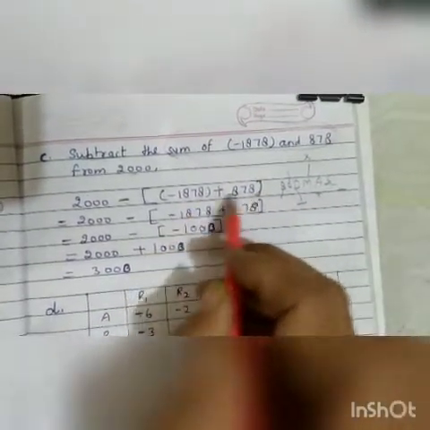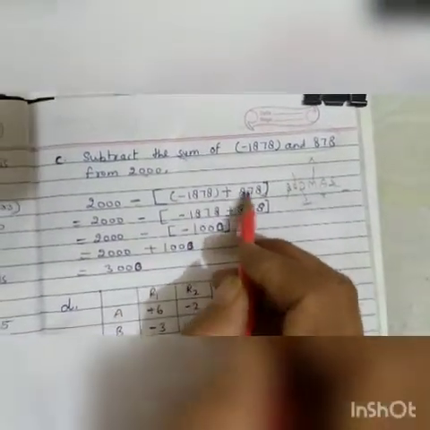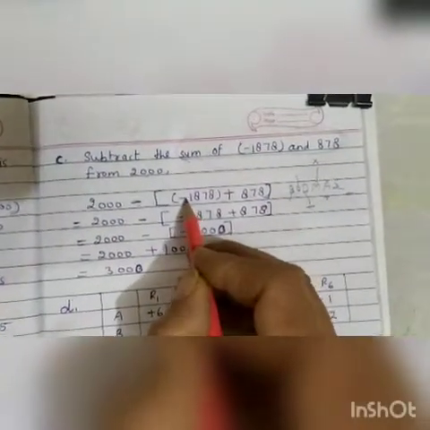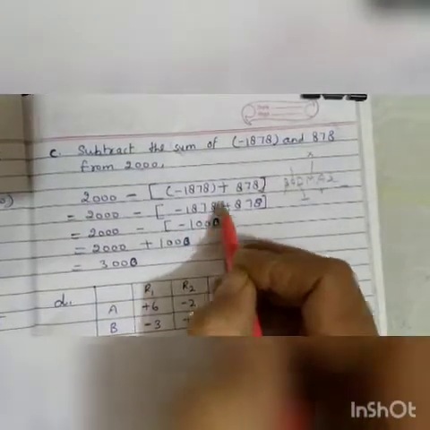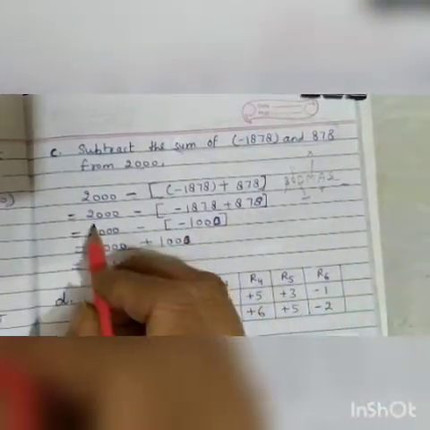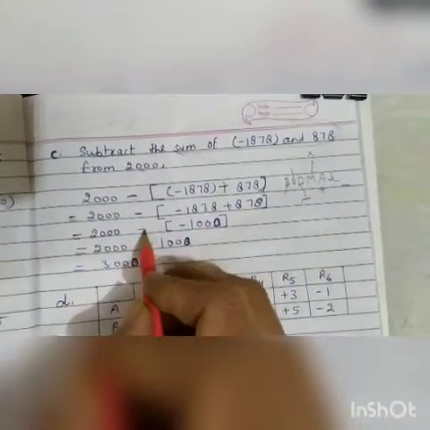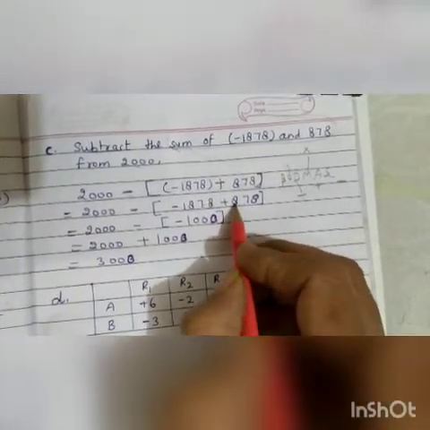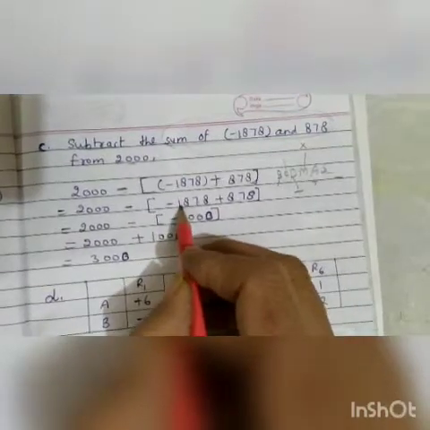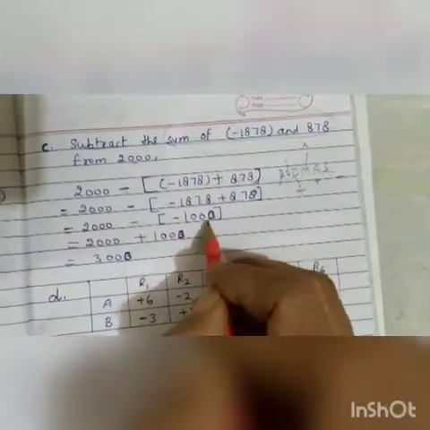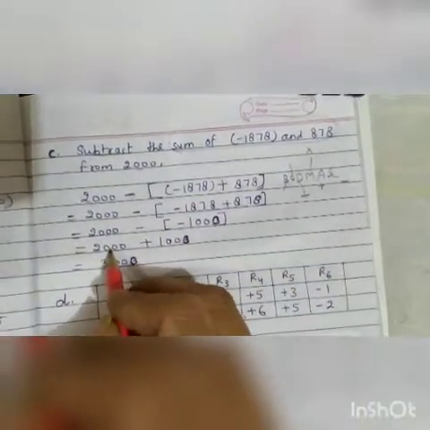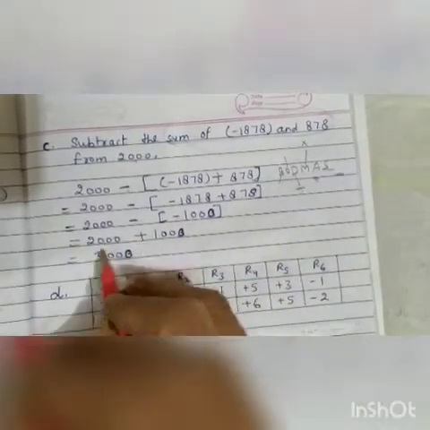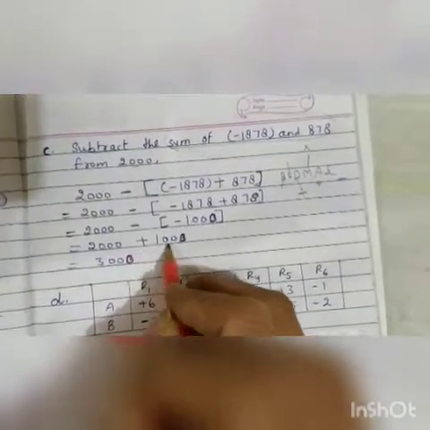So according to BODMAS, first we will simplify this bracket. 2000 will be written as it is, minus, then this minus 1878 plus 878. Again 2000 minus, if we solve these two integers, then we will subtract this 878 from this minus 1878. We get minus 1000. Now this 2000, out of this bracket there is a minus sign, so it will change to plus 1000. Then we get 2000 plus 1000, 3000.